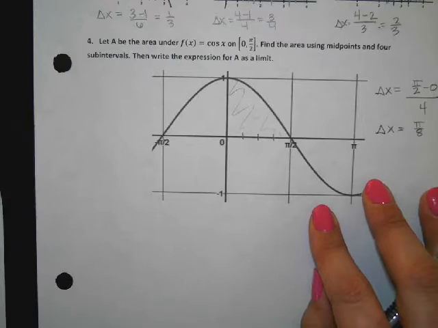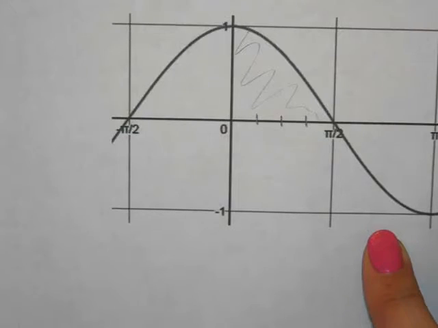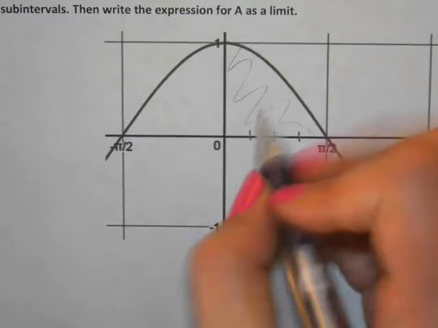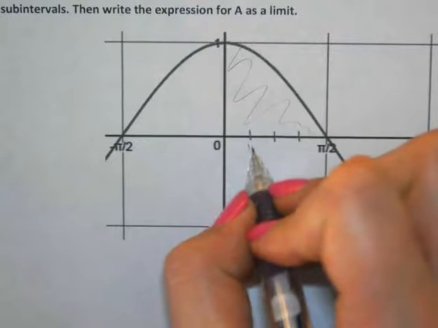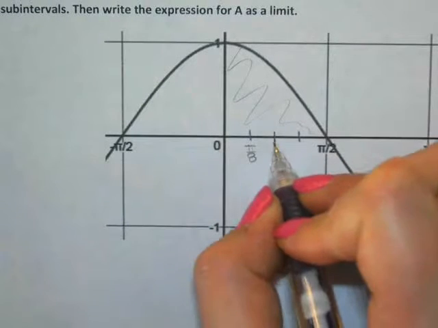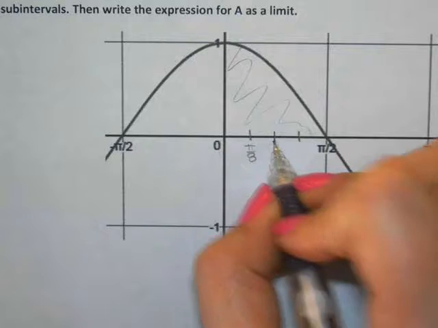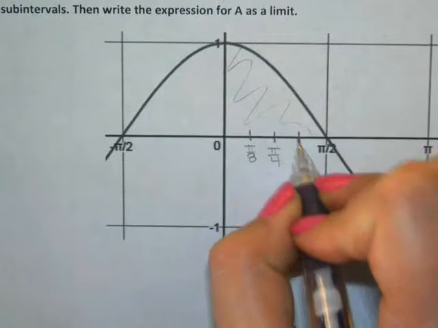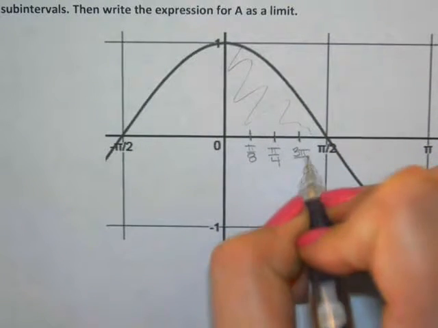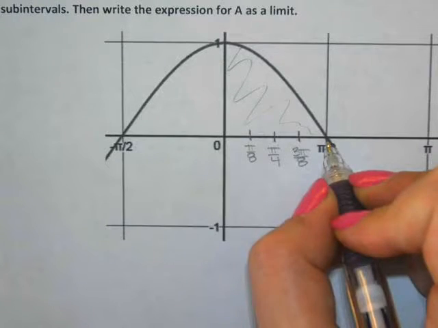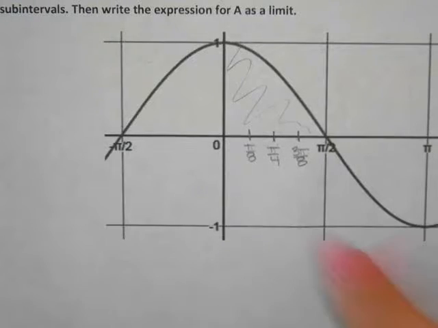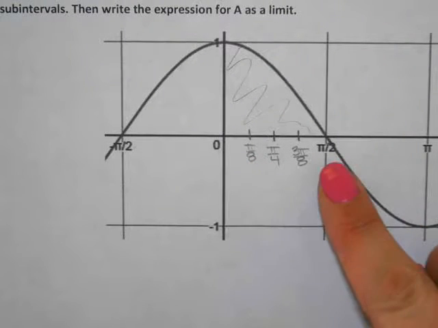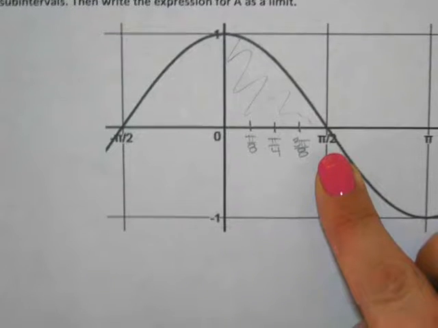So I'm going to label my fourths, but then I know that when I go back and do it, I'm actually not even going to use those. So 1/4 of pi halves would be 1/8, 2/8 is 1/4, 3/8, and then 4/8. So I divided it up into 4 equal intervals, right? 1/8, 2/8, 3/8, 4/8. You see that?